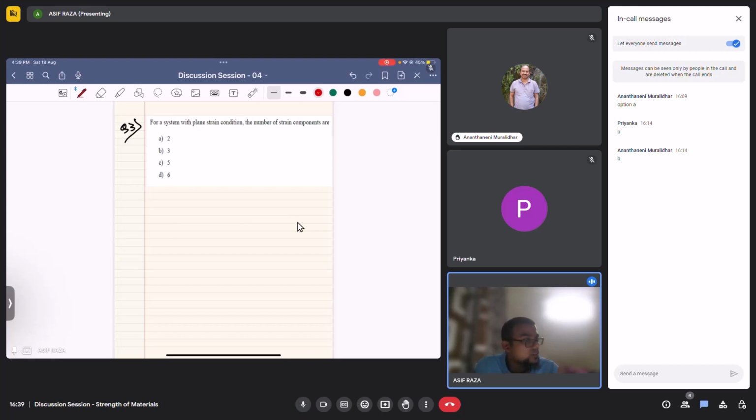So in the case of plane strain condition, how many strain components are there? I hope you know what the strain components are. Total: epsilon xx, epsilon xy, epsilon xz, epsilon yx, epsilon yy, epsilon yz, epsilon zx, epsilon zy, epsilon zz.